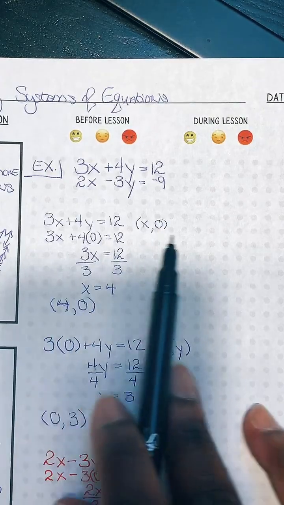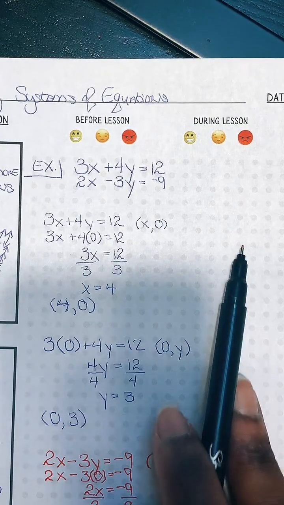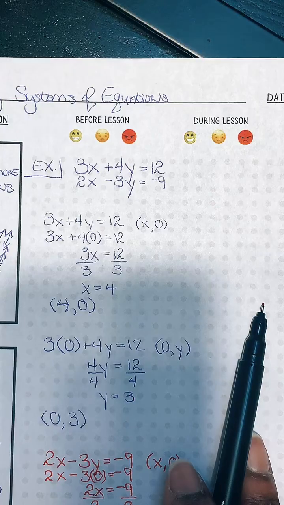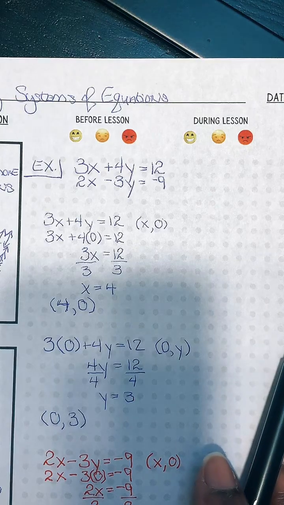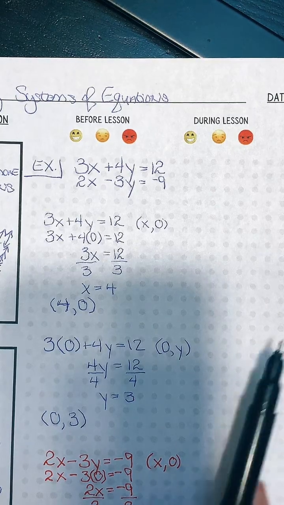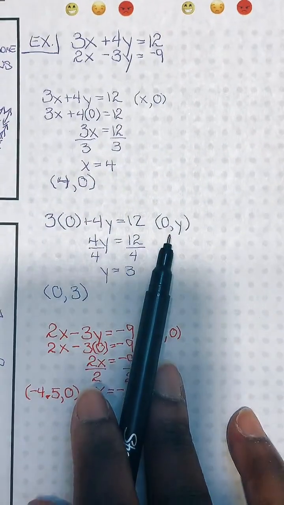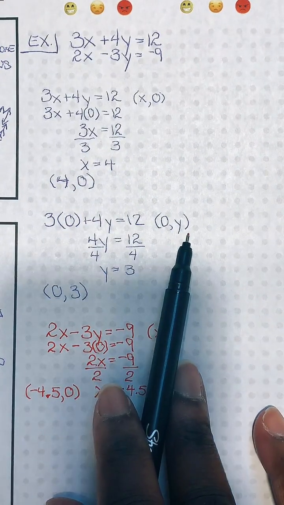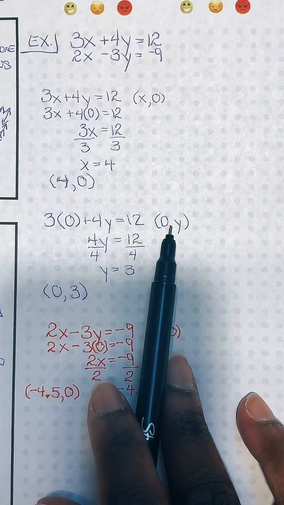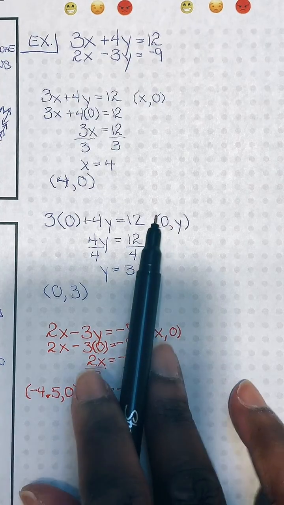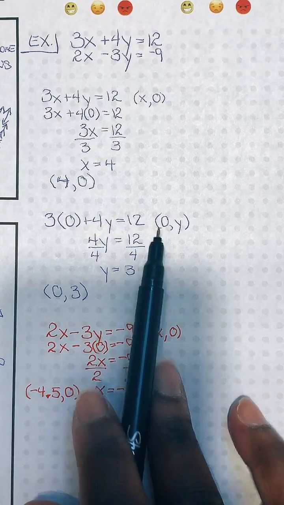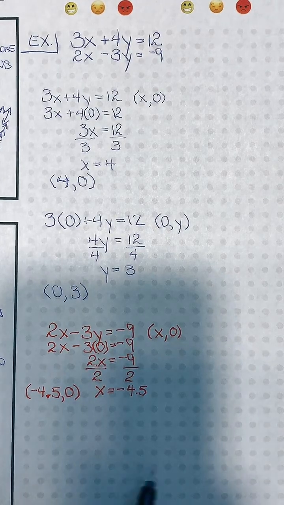If it crosses the x-axis, your y value is going to be 0. Hello, Mahogany. Same thing goes with the y values. If I'm using the y-intercept, when it crosses the y-axis, your x value is going to equal 0. So we're just using these to find that.